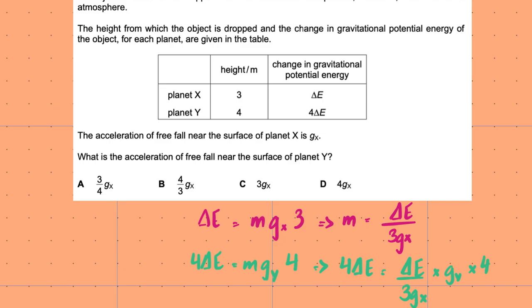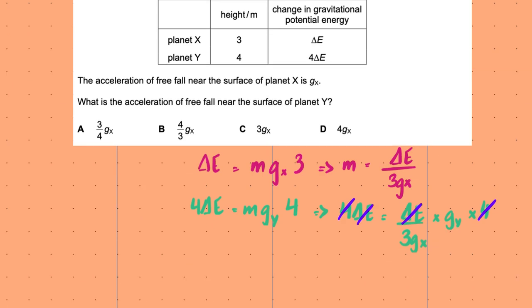Now what you'll see happening here is that the delta E's cancel out, the 4's cancel out, and you basically needed gy. So if you make gy the subject, that turns out to be 3gx, which is option C.